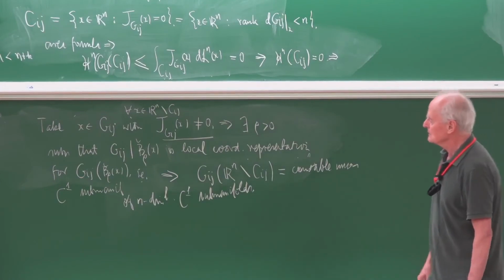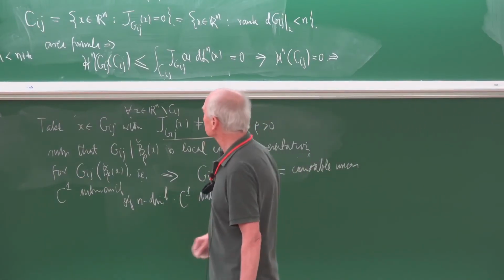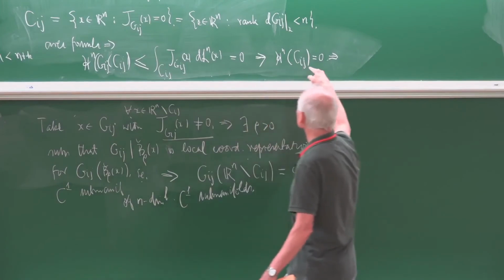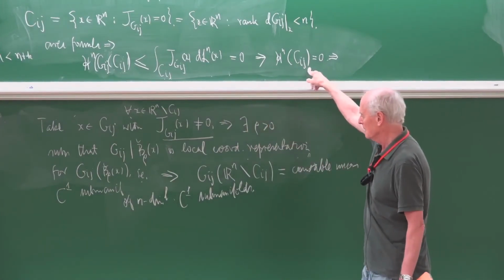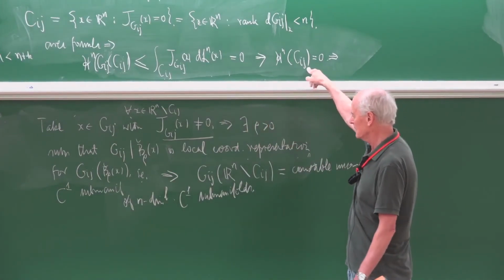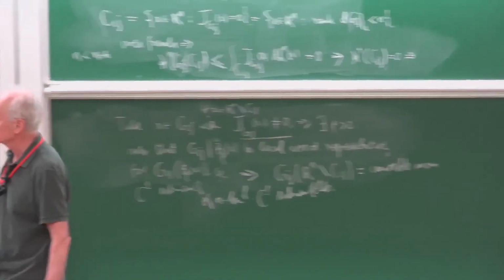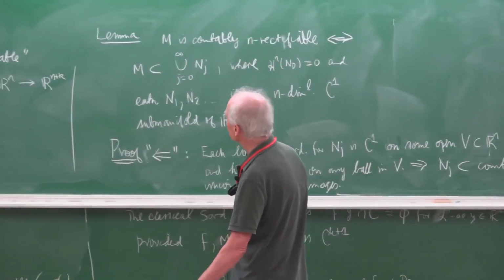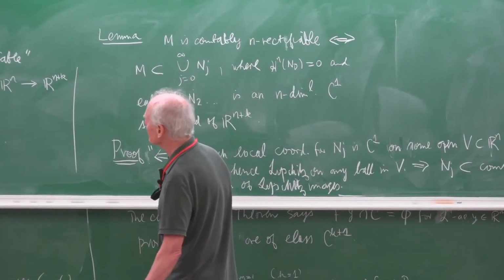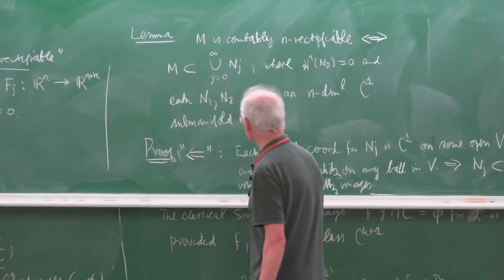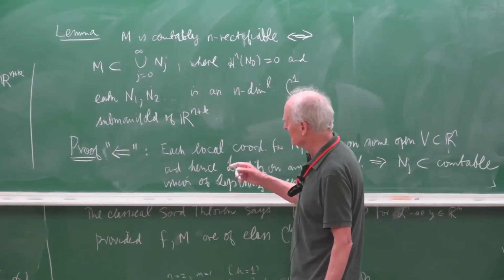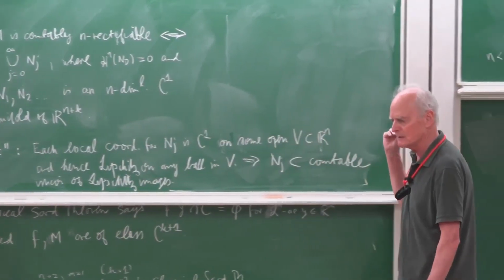Okay, and that's it then. That's the end of the proof. The rest maps to measure 0, has image 0. In the Euclidean space, this gives you the countable union of C1 submanifolds. So we've shown that, you can do this for each j, for each of the images.